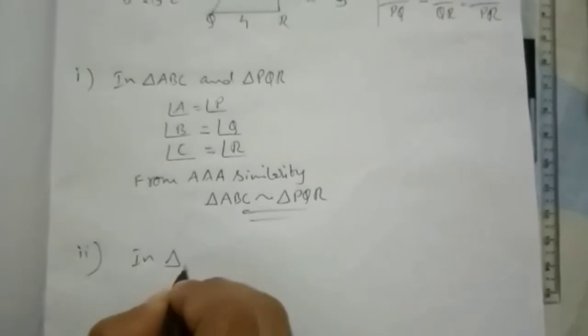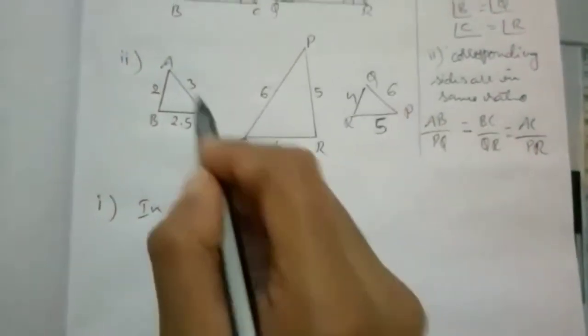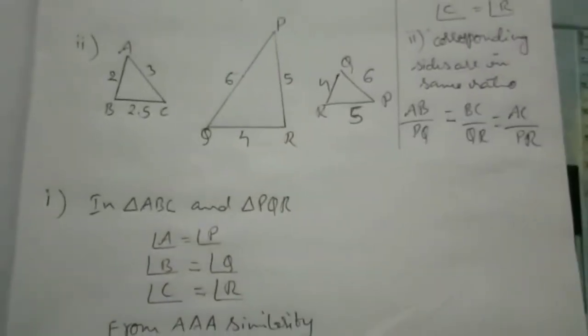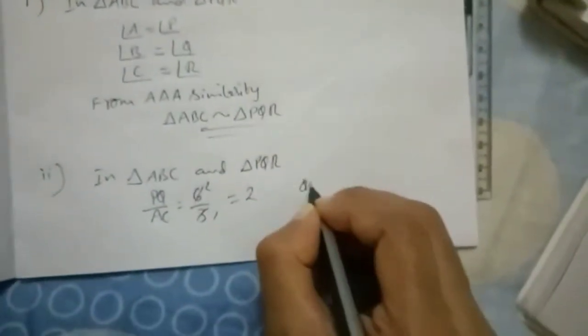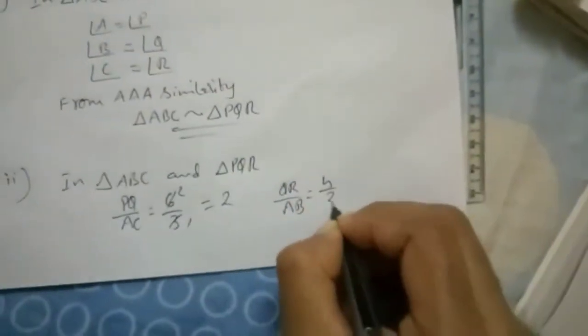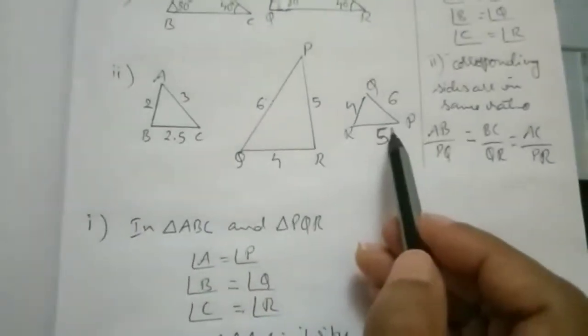So we'll write it in ratio. In triangle ABC and triangle PQR, PQ by AC is equal to 6 by 3, so you got 2. Then QR by AB: QR is 4, AB is 2, so 4 by 2, again 2. Which is remaining?